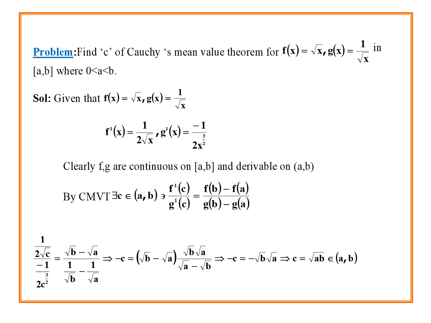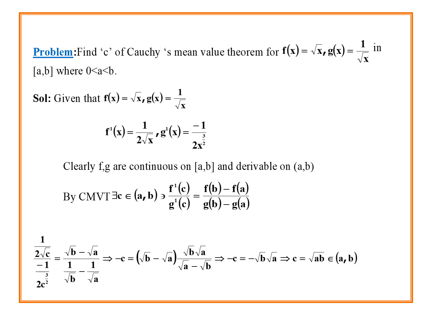Solution: given that f(x) = √x, g(x) = 1/√x. The derivative of f(x), that is f'(x), is the derivative of √x, 1 by 2√x. The derivative of g(x), that is g'(x), is −1 by 2x^(3/2).